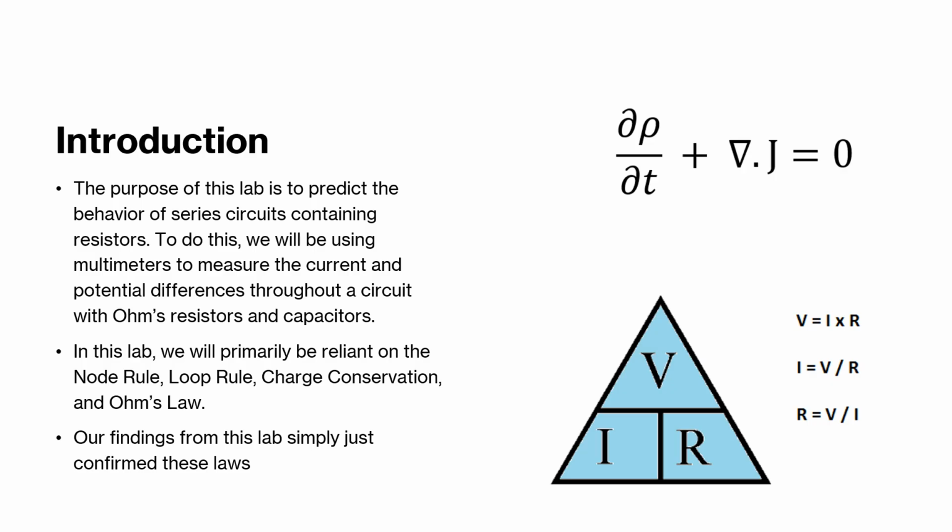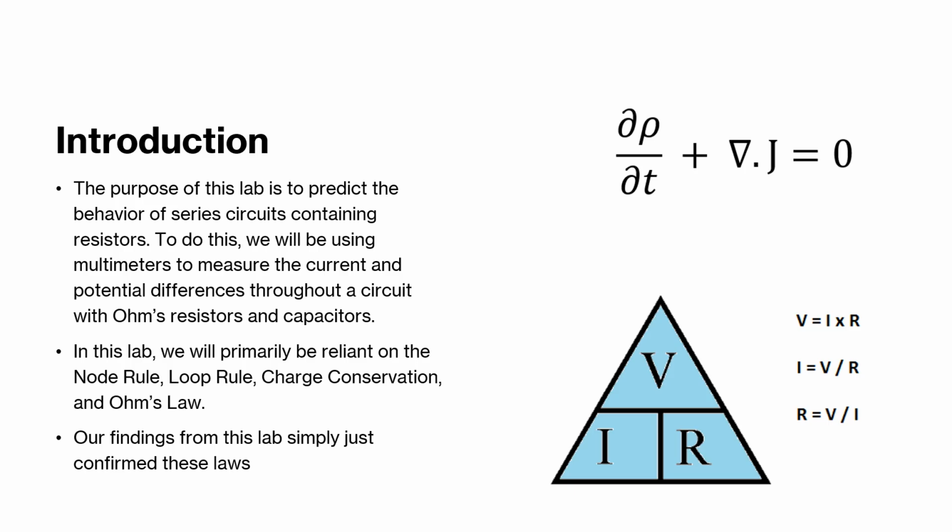As a quick introduction, the purpose of this lab is to predict the behavior of series circuits containing resistors. To do this, we will be using multimeters to measure the current and potential differences throughout a circuit with resistors and capacitors. In this lab, we will primarily rely on the node rule, loop rule, charge conservation, and Ohm's law.